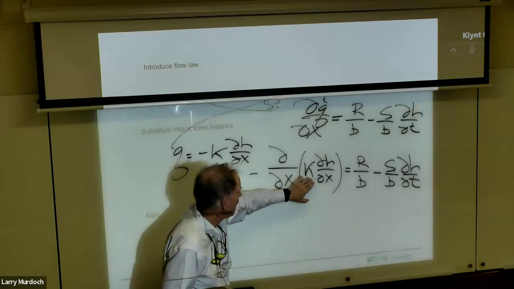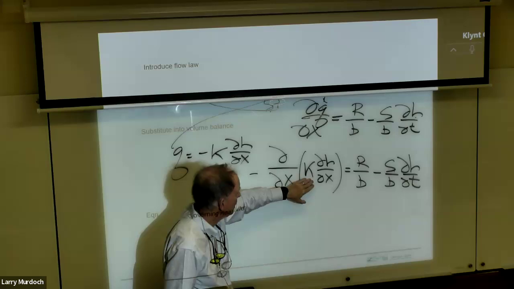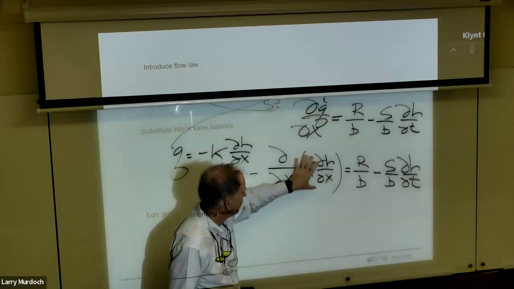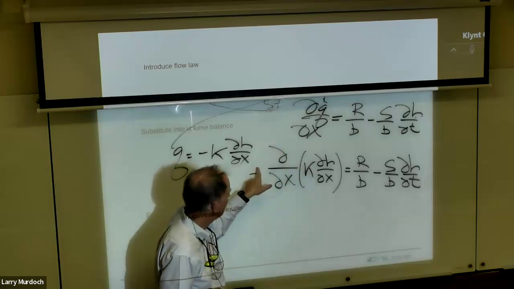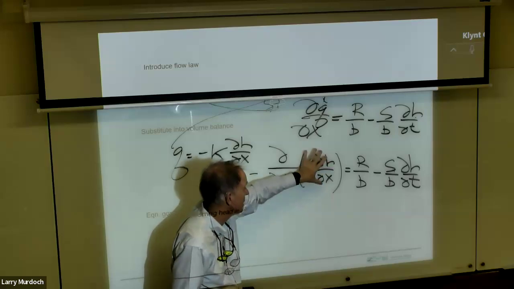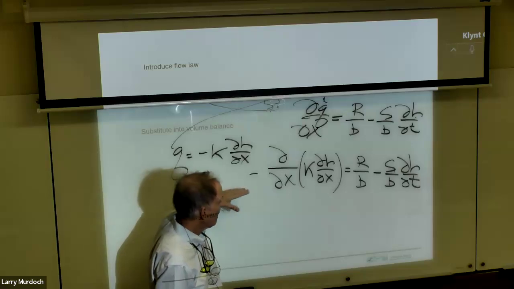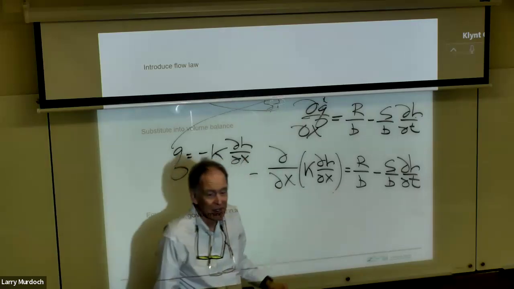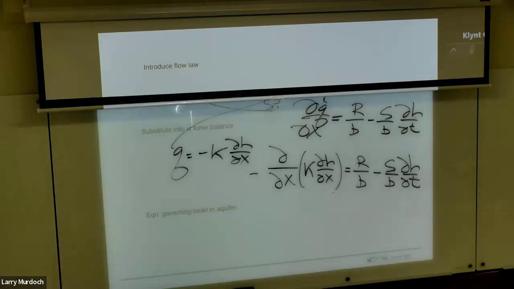If the hydraulic conductivity is changing spatially, then we need to do it like this. If this is a constant, it comes out. And then we get the derivative of a derivative, which is the second derivative. And this then ends up being the governing equation for the hydraulic heads in an aquifer.